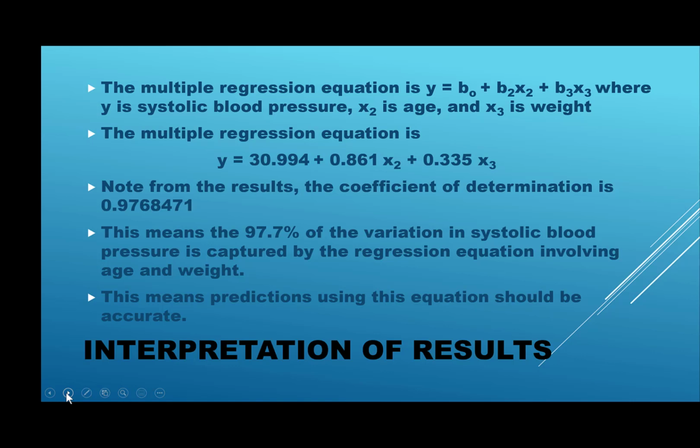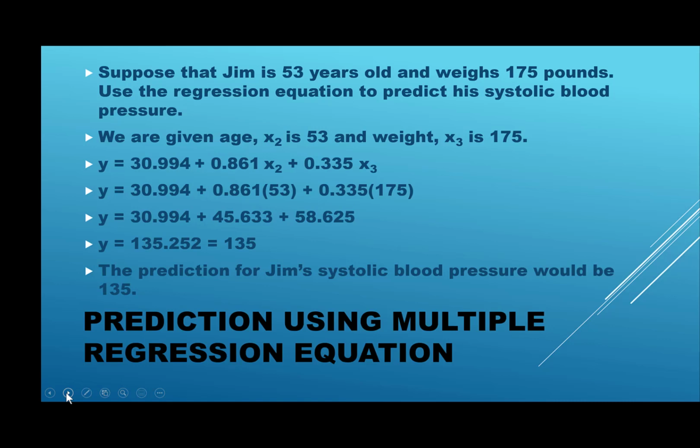So let's look at predictions. Suppose that Jim is 53 years old and he weighs 175 pounds. We want to use the regression equation to predict what his systolic blood pressure would be. So we are given his age, which is x2, and his weight, which is x3, and we have our regression equation. So all we would do would be to substitute in 53 for x2 and 175 for x3.